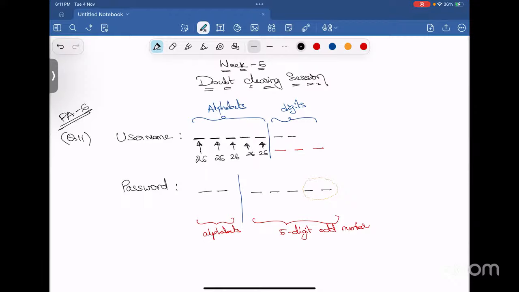Right? So I can create 26 power 5 number of 5-letter alphabets, followed by 2 digits or 3 digits.